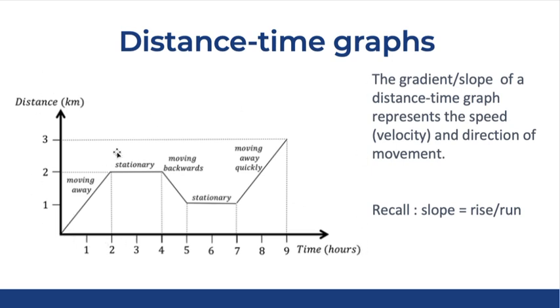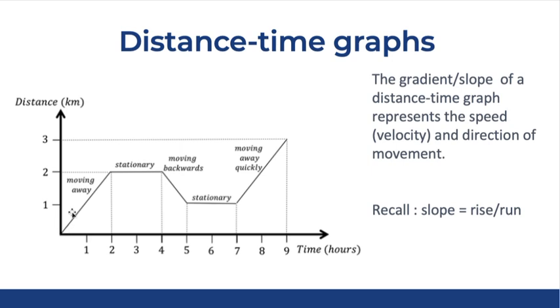Now, unlike any other graph, here you will see some variations in gradients, right? Sometimes it can be too steep, sometimes it can be flat, sometimes it can be a downwards line, it can be stationary. So what do all these mean? I'm going to quickly talk about it.